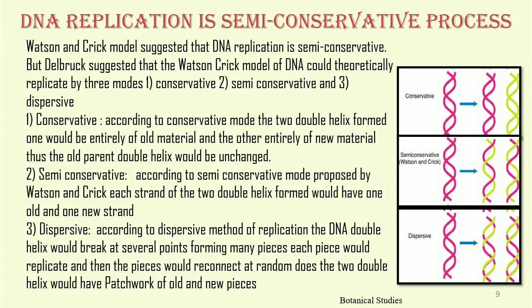Dispersive. According to the dispersive mode of replication, the DNA double helix would break at several points, forming many pieces. Each piece would replicate and then the pieces would reconnect at random. Thus, the two double helices would have a patchwork of old and new pieces.